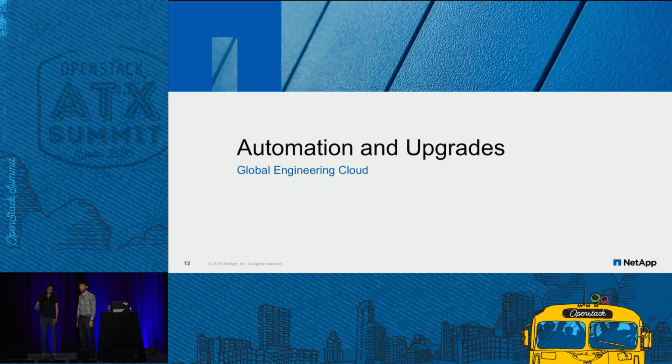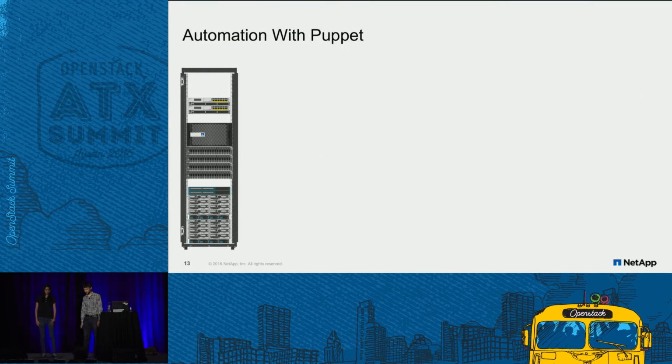So now let's talk about automation and upgrades. So as I mentioned, converged infrastructure, FlexPod, we've got to start with a base before we enable some of that Puppet automation that we hinted at earlier. So as Mansi mentioned, there's a /22 network that we have that we augment and implement on a multi-region basis.